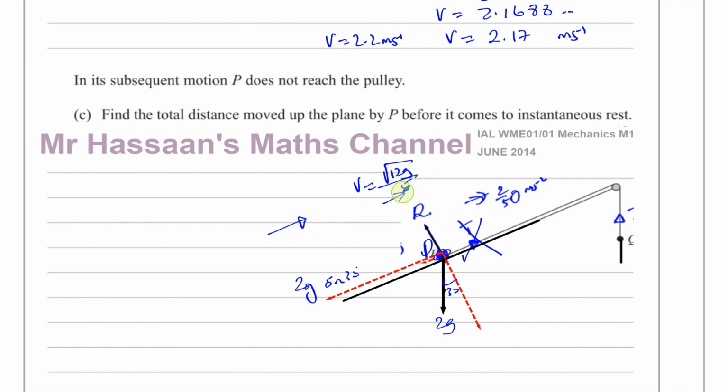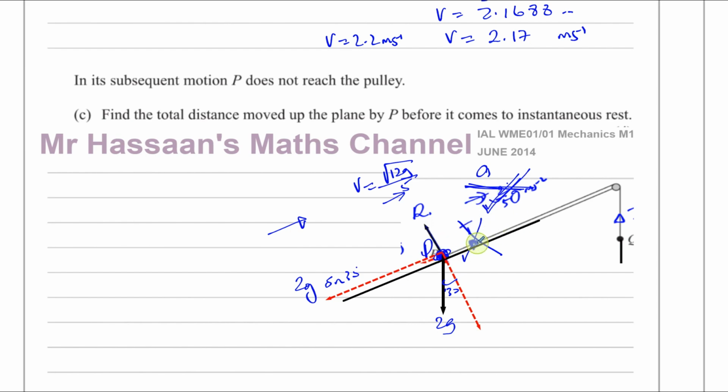The acceleration is now gone. No more acceleration. This is no longer the acceleration. Why? Because there's a new situation. So we cannot take this as acceleration. We have to find the new acceleration. When we find the new acceleration, we can work out how far it's gone up the plane before it comes to instantaneous rest.